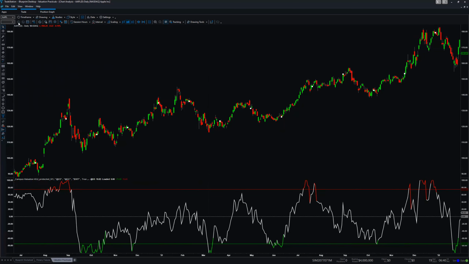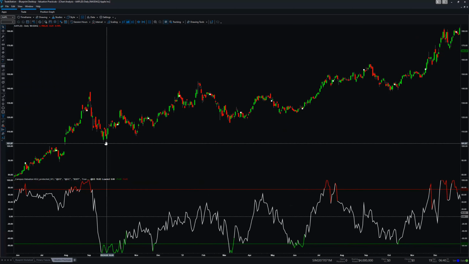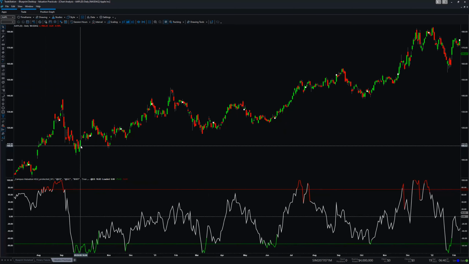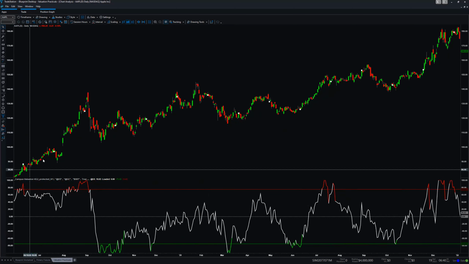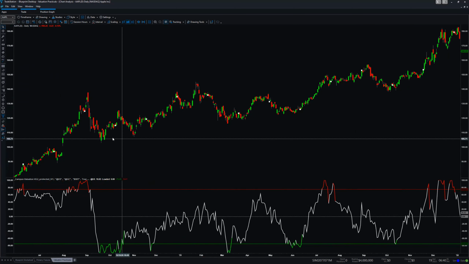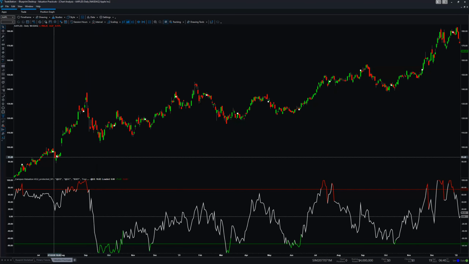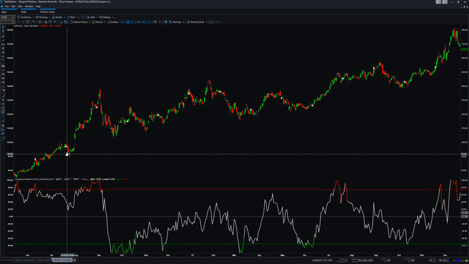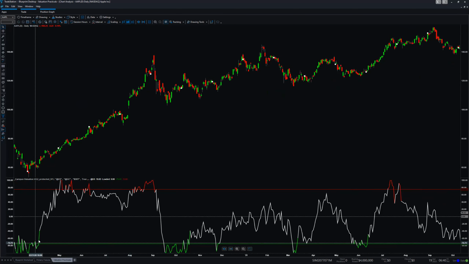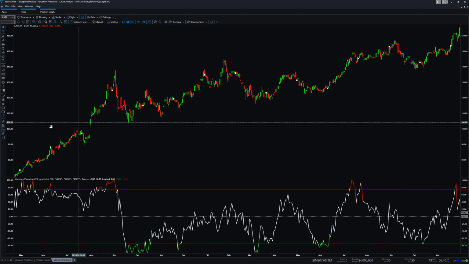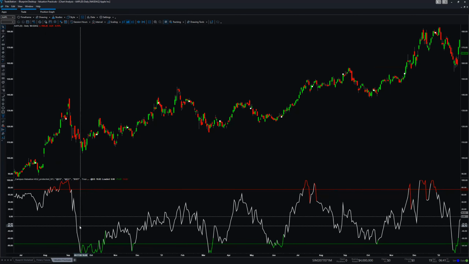All right, so now we're looking at Apple Daily. And then what we want to do, of course, is first establish what the trend is, right? I think without putting in lines or anything, we know this is an uptrend. So we could start from here, or here, or here, but let's just start from the first undervalued reading.